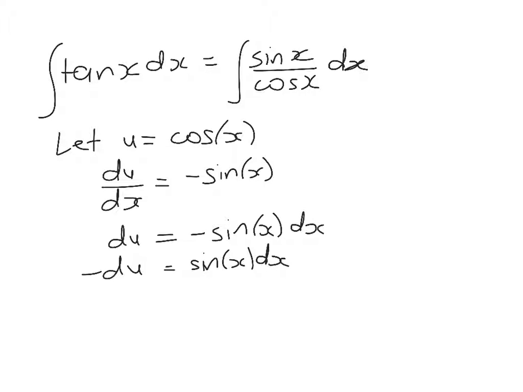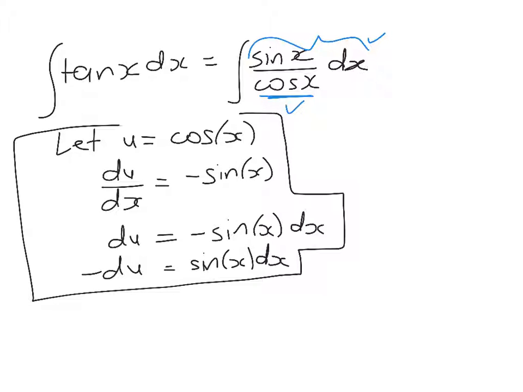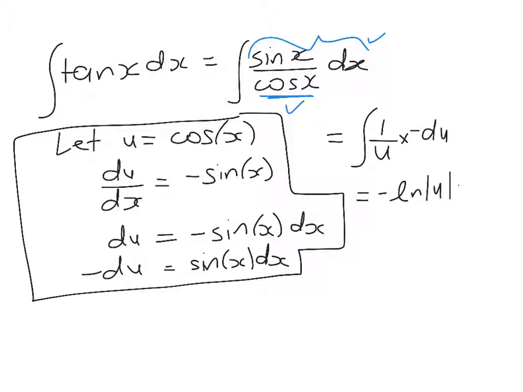So now we're just going to take a look at all the different bits. We've got that in terms of u, and we've got all of that in terms of du. So we can now rewrite. This is equal to the integral of 1 over u times negative du, which gives me negative log of u plus c.